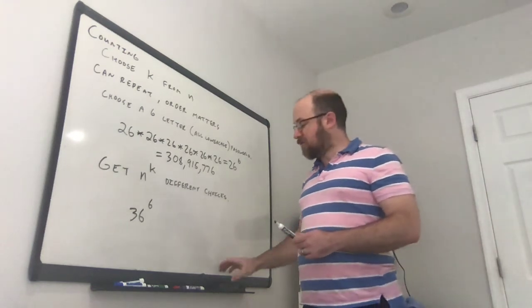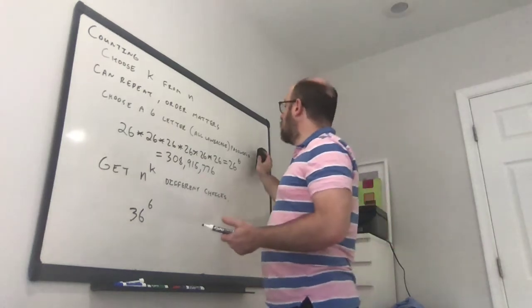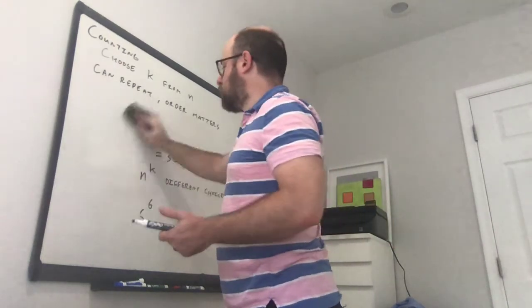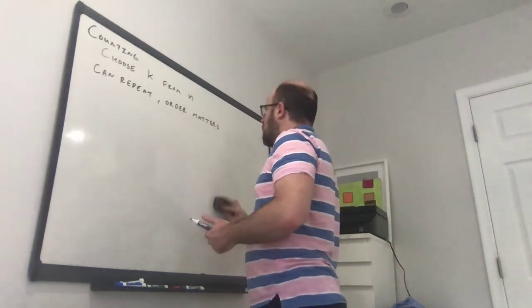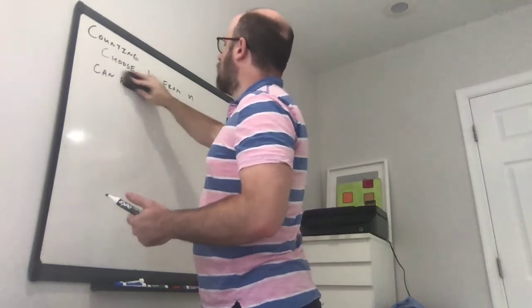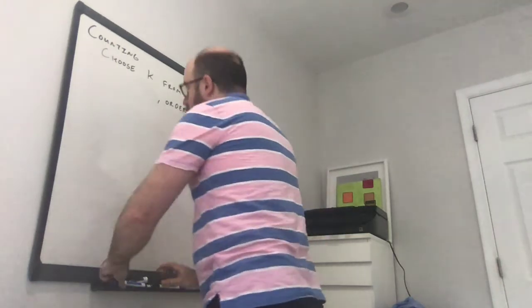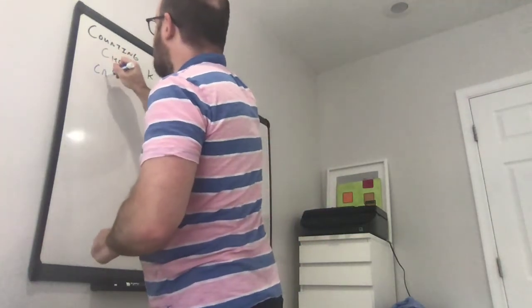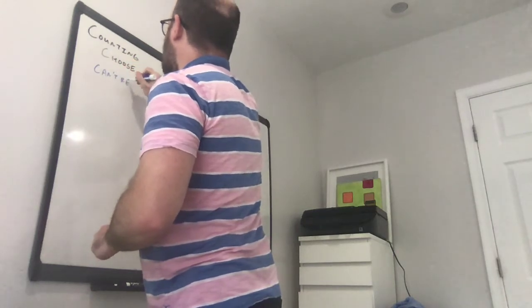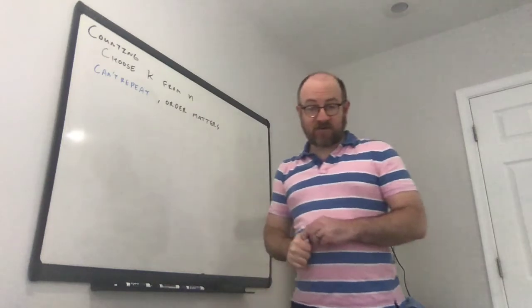Now, in the other situations, the math gets a little bit more complicated. So let's look at the next one, what's called the number of permutations. And this is the situation where you can't repeat, but order still matters.